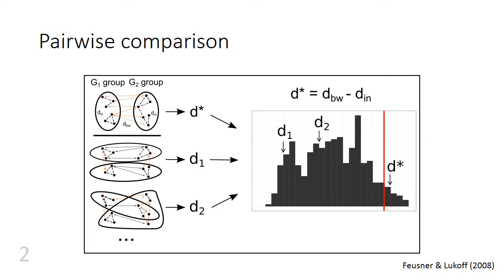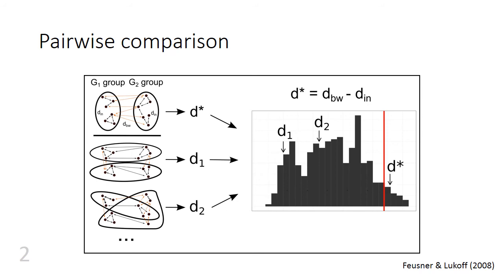Using their method, I computed distances between all pairs of scan patterns in each group and also between all pairs of scan patterns between groups. By subtracting the average of both between group and within group distances, I obtained the d-star value which represents the current grouping.